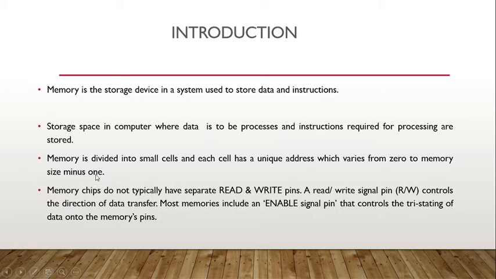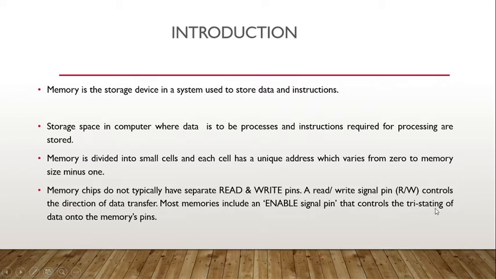So this is how we usually specify the address in a system, that is 0 to memory size - 1. And memory chips do not have separate read and write pins. There will be a single read bar write pin which controls the direction of data transfer, so either you can write to or read from the memory. Most memories also include an enable signal pin which allows the tri-stating of data onto the memory pins.